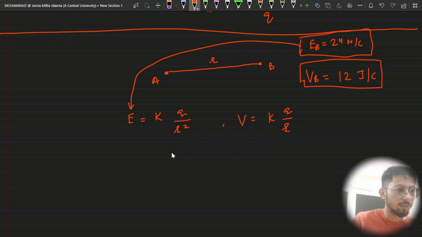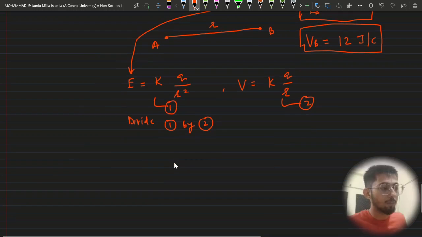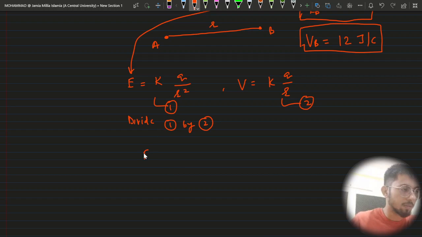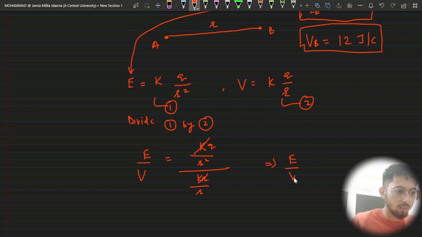How it can be solved is that you can divide these equations. This is first, this is second. Divide first by second. So E by V will be what? Here you will have KQ by R square divided by KQ by R. The KQ gets cancelled.